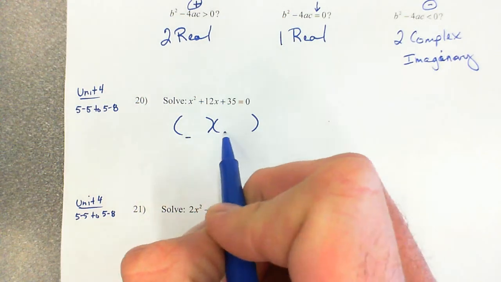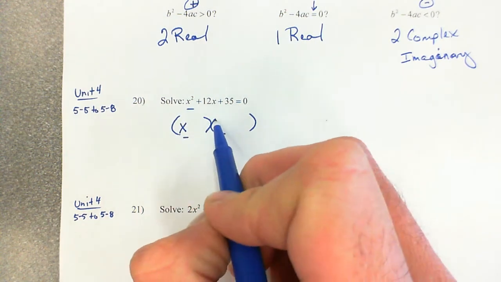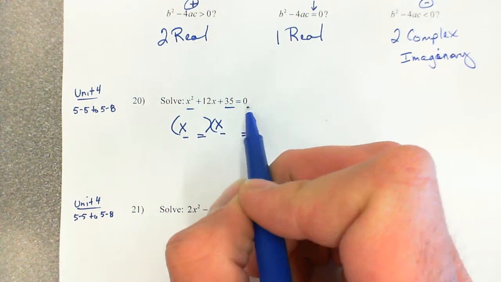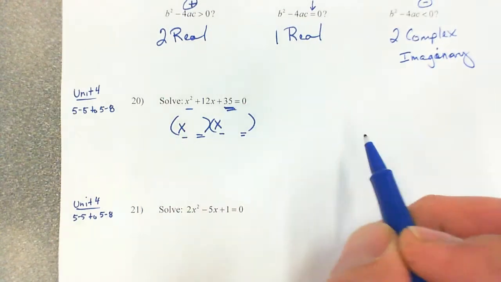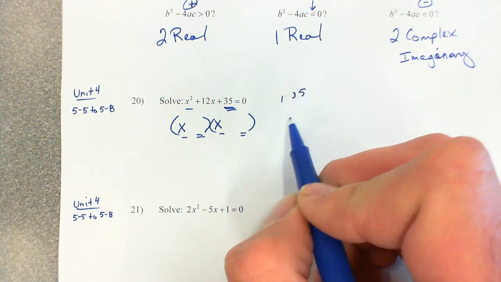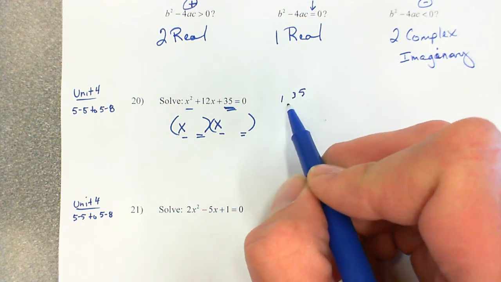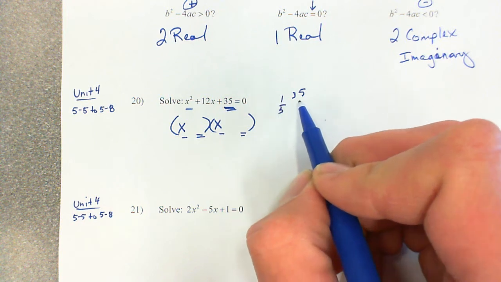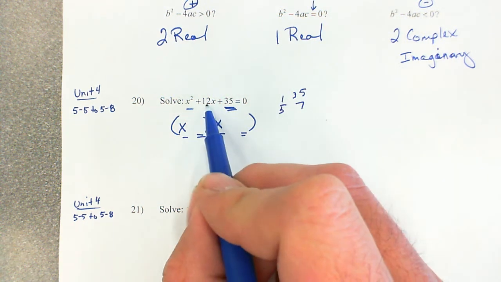Okay. So here, first term times first term gets you first term, so that would be an x and an x. Last term times the last term has to get you 35. So we're looking for factors of 35 that can get us 12. Well, that's 1 and 35. 2 doesn't work. 3 doesn't go in. 4 doesn't go in. 5 times 7.